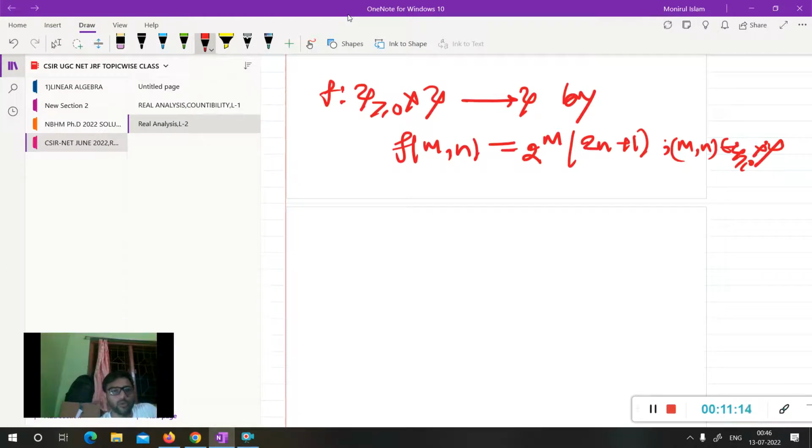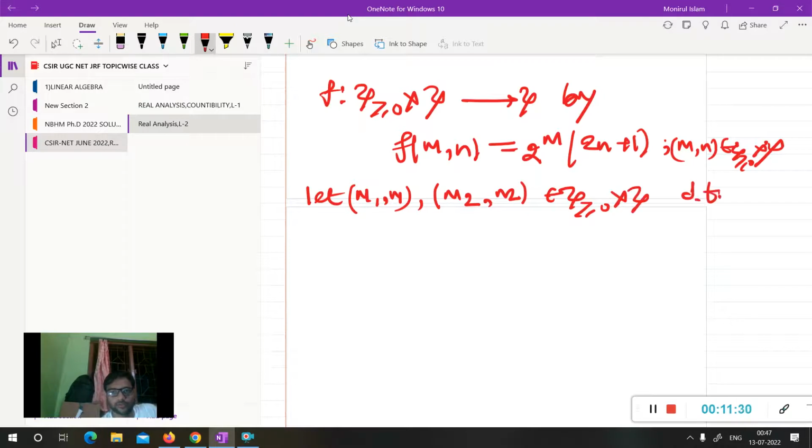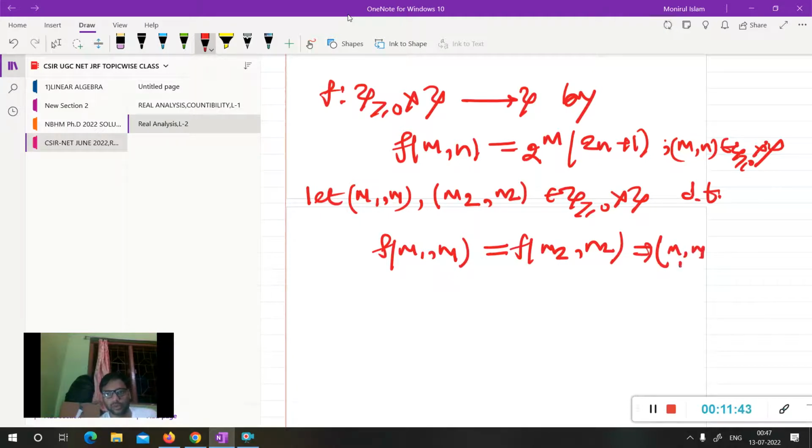We want the definition: let (m1, n1) and (m2, n2) be two ordered pairs in Z non-negative cross Z such that f(m1, n1) equal to f(m2, n2). If it is injective, then this will imply (m1, n1) equal to (m2, n2).